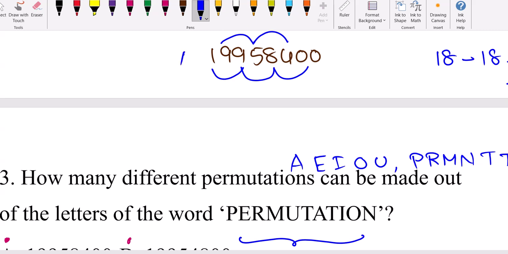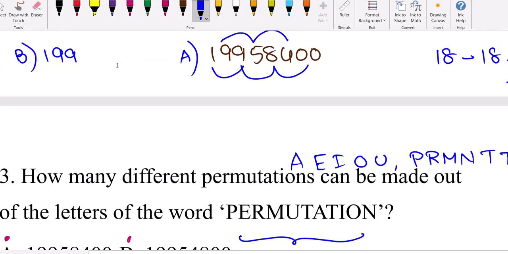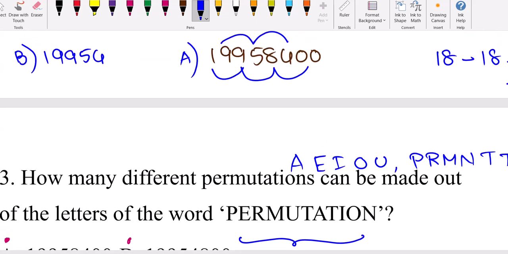Okay, let's see option B. In option B, the number is 199,5,48,00. Now alternate digit summation: 1 plus this is 18. Here also, minus, sorry, I picked wrong. So this is 14.